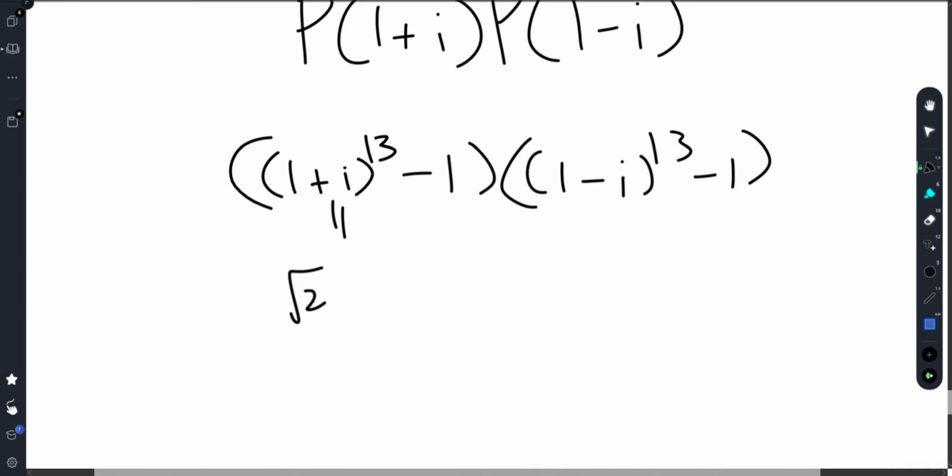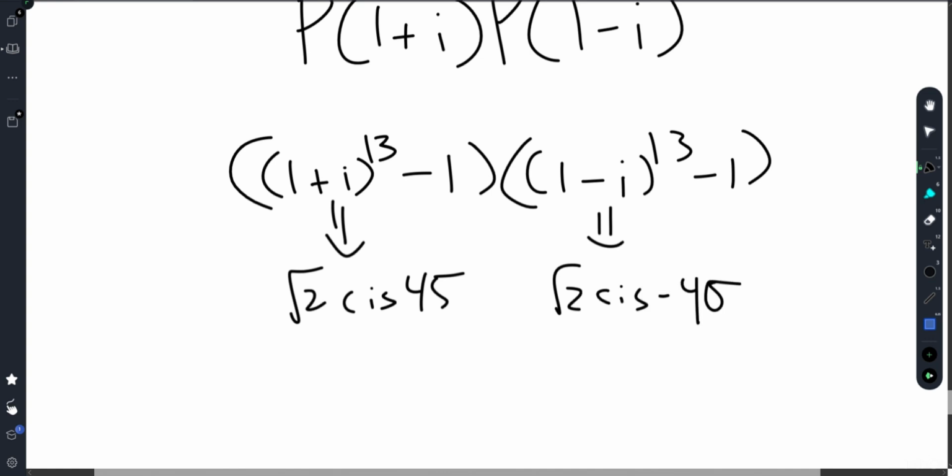So 1 plus i is equal to root 2 cis 45, and 1 minus i is equal to root 2 cis negative 45. And so we want this to the 13, or root 2 to the 13 times cis of 13 times this angle.